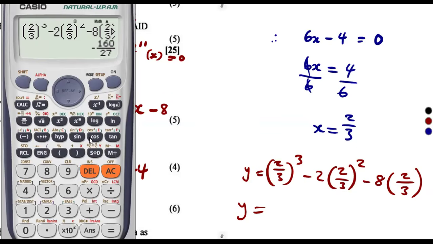You can even have it like this, negative 5.926 to 3 decimal places, or we can have it as this one that we saw here, negative 160 over 27.